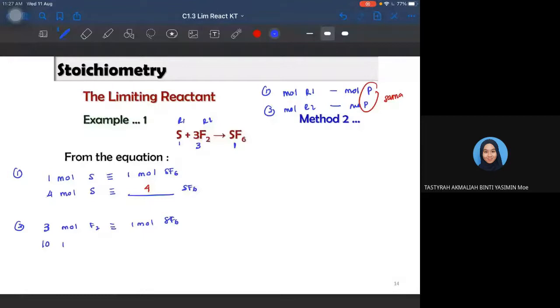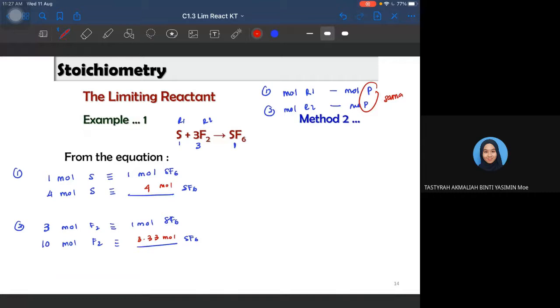If you have 10 mole F2, berapa mole of SF6 yang akan dihasilkan? Buat darab silang. So kamu akan hasilkan 3.33 mole of SF6.